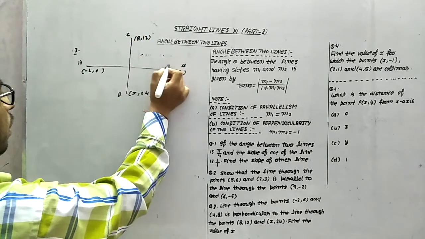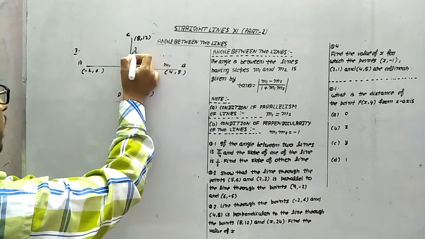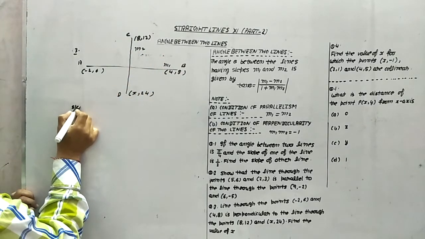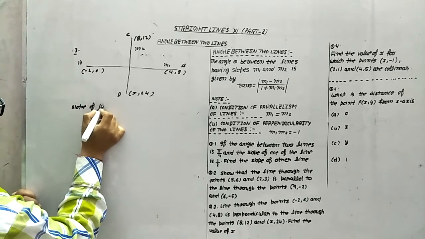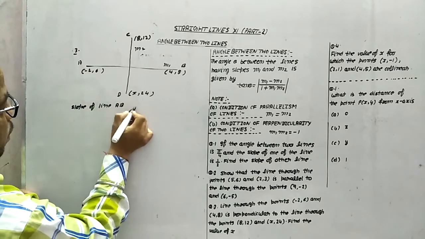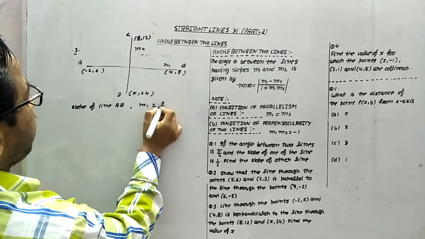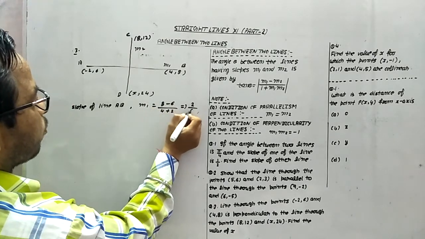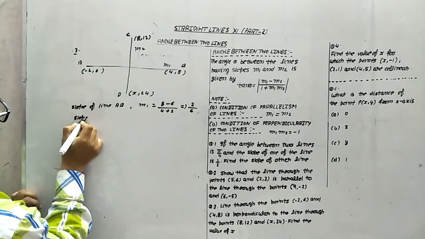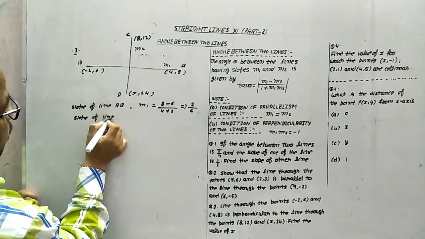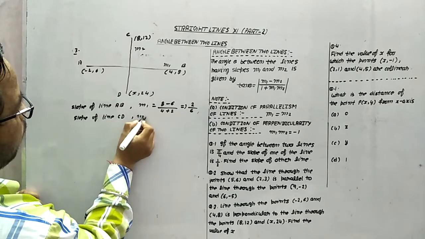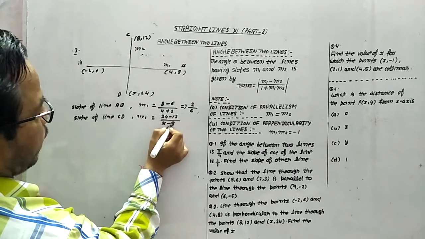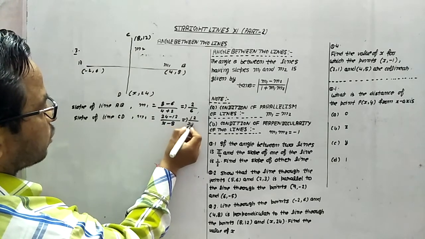Both lines are perpendicular. Let the slope of line AB be m1 and the slope of line CD be m2. Slope of line AB, m1, is equal to (8 minus 6) upon (4 plus 2), which becomes 2 upon 6. Slope of line CD, m2, is equal to (24 minus 12) upon (x minus 8), which becomes 12 upon x minus 8.